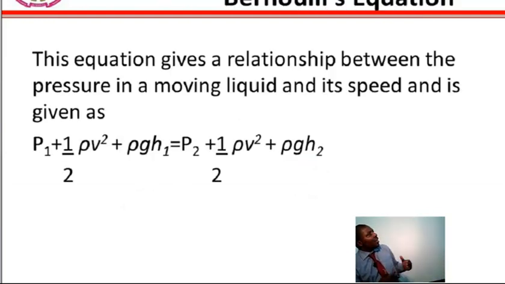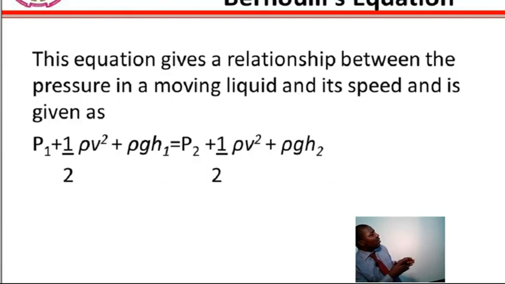This equation gives a relation between the pressure in a moving liquid and its speed, and is given as P1 plus half rho V squared, where rho is the density, plus rho g H1, the height of the narrow side of the pipe, equals P2 plus half rho V squared plus rho g H2.